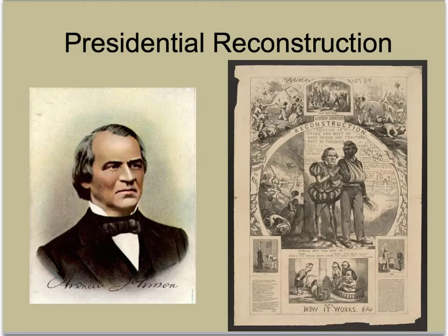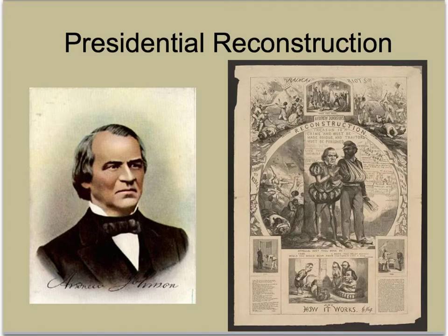He also kind of agreed with Lincoln's mild and forgiving approach when it came to dealing with these southern states. Now, as a Southern Democrat, Johnson, however, was anti-aristocrat. He was kind of against these big planter elites, but at the same time, he was a racist.